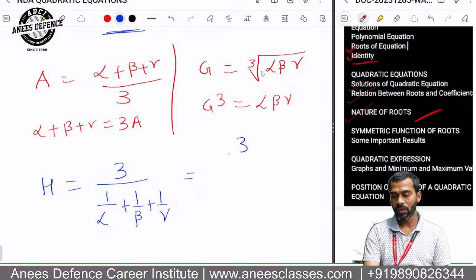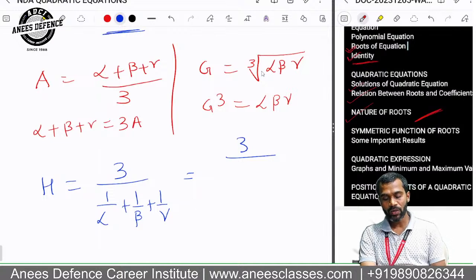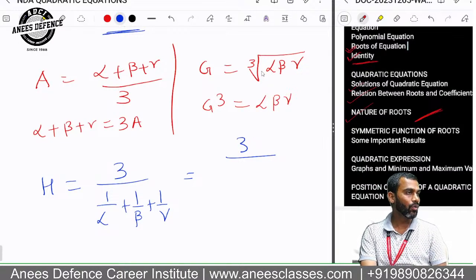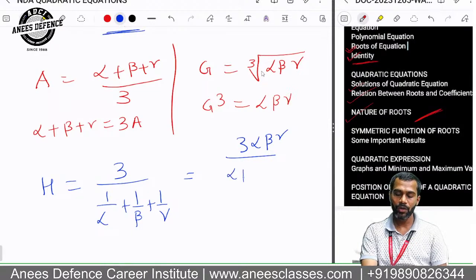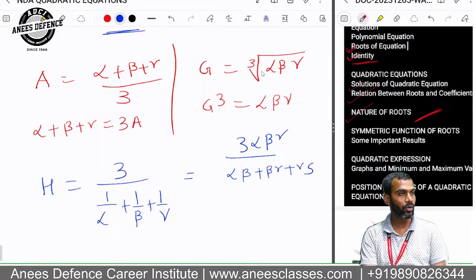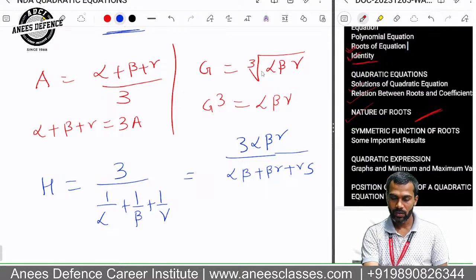So this is nothing but 3. The LCM of the denominator is alpha beta gamma, that will go in the numerator. Yes or no? So it becomes 3 alpha beta gamma divided by alpha beta plus beta gamma plus gamma alpha. That is what we want. Yes or no?